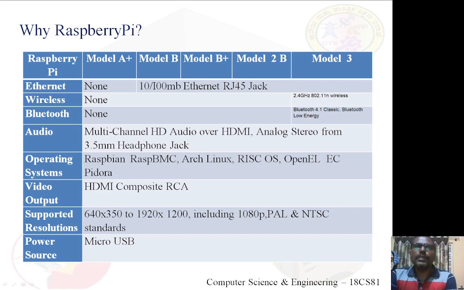Now when I speak about operating systems, I said Raspbian, that's the official operating system for Raspberry Pi computer provided by the Raspberry Pi Foundation, and the others: XBMC, Arch Linux, RISC OS, OpenELEC, Pidora. Video output: HDMI, composite, RCA.